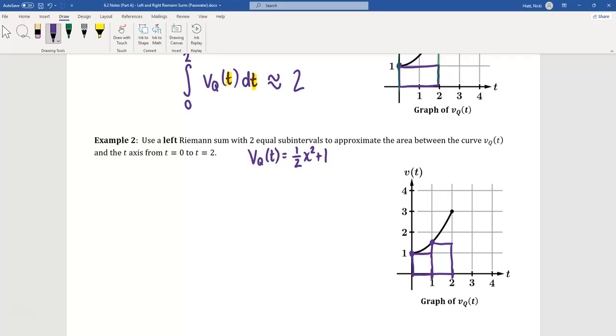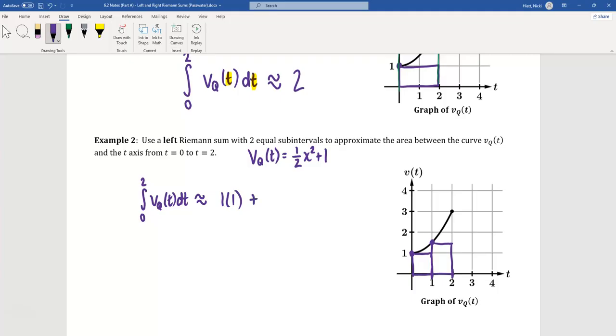Now, the first piece is pretty easy to do. This is an estimate, so I'm going to say the integral from 0 to 2 of V sub Q of T dt. That means the area under this curve from 0 to 2 is approximately... I know this first rectangle is just 1 times 1, right? Or if you just want to put 1, that's fine.